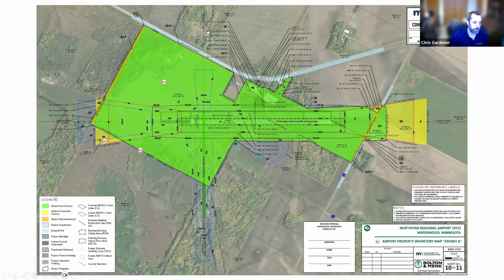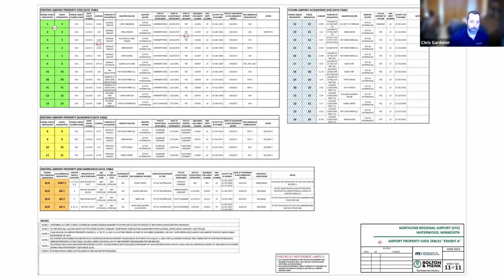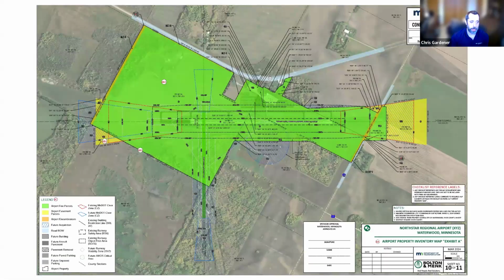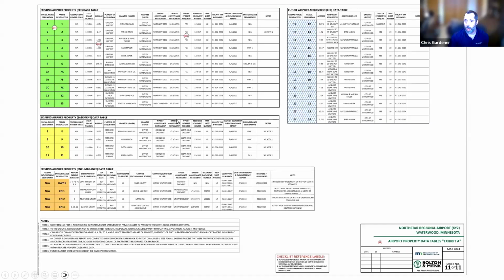And then we also have some data table requirements. On this specific ALP, depending on the complexity of the airport property and the size of the airport property, you might be able to accommodate it on one sheet, having your property tables on the same sheet. But if you're not able to, you can definitely run a second sheet.